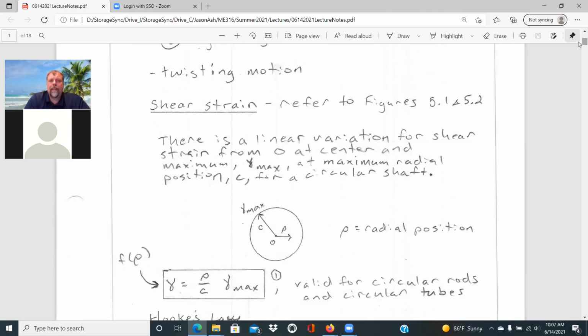Shear strain, you can refer to figures 5.1 and 5.2 in your textbook. But the main thing is that there's a linear variation for shear strain from 0 at the center and a maximum, gamma max, at the maximum radial position for a solid circular shaft.